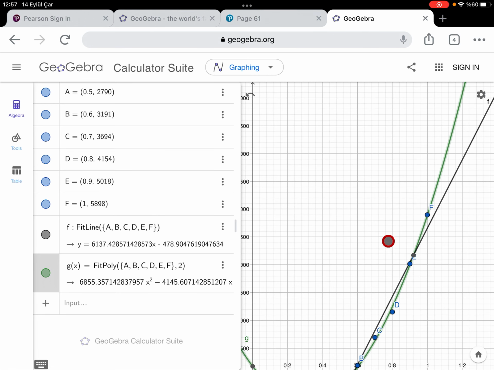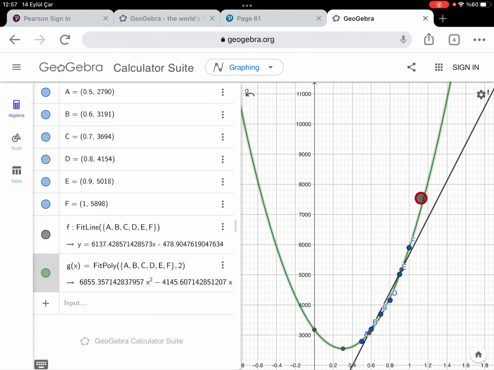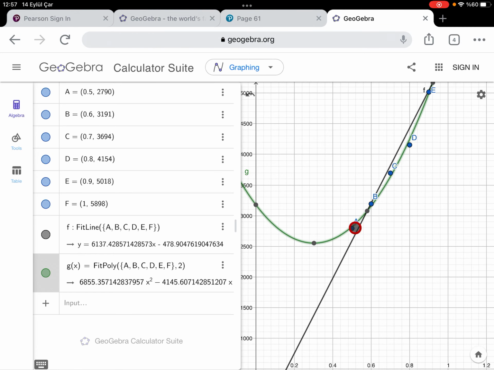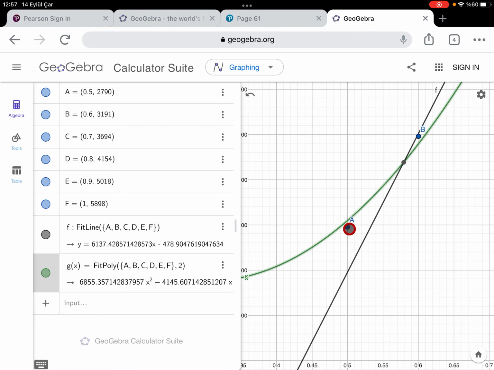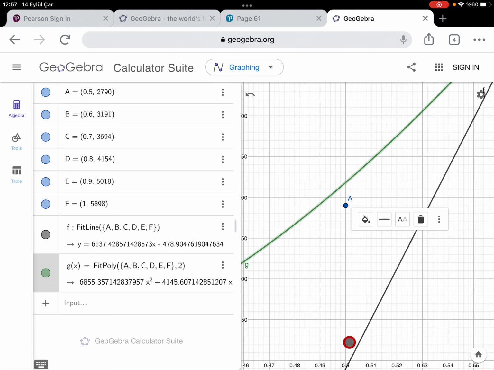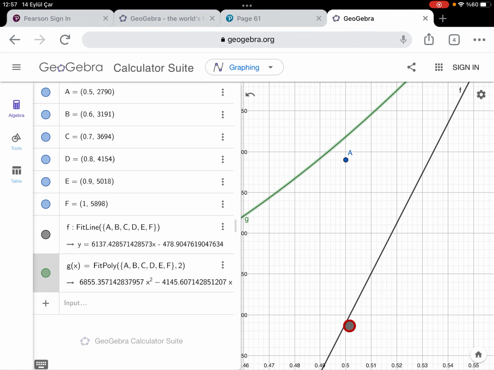Okay, so let's look here. The green curve, the parabola, fits our data. Let's look at the differences between the points and the polynomial, and also the line, parabola and line. So the exact point is that one. The approximate point for the quadratic approximation is this value. But as you see, this is far from the exact value of the A. Okay, so you can compare it if you want.